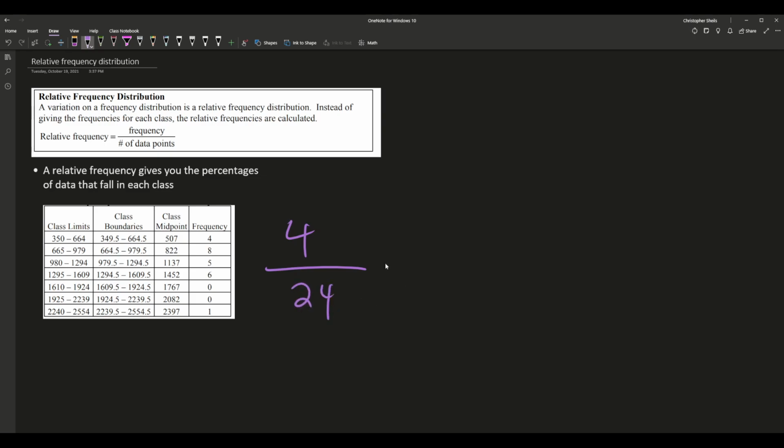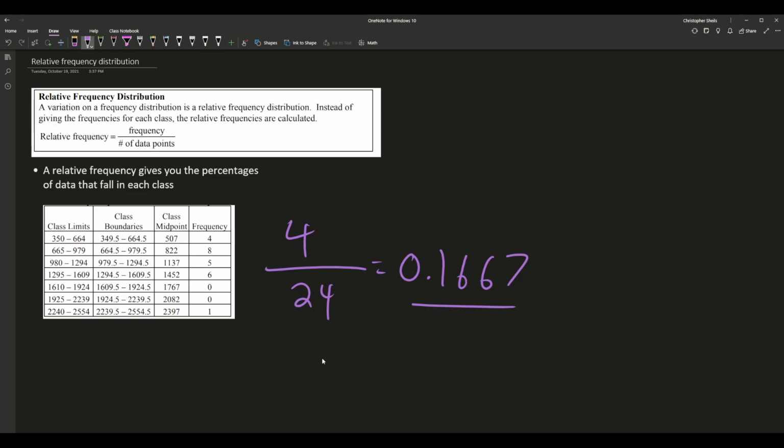So 4 over 24. If we put this in a calculator, this is like 0.1667. This decimal repeats, but we can round this off. And this is the relative frequency for my first class.